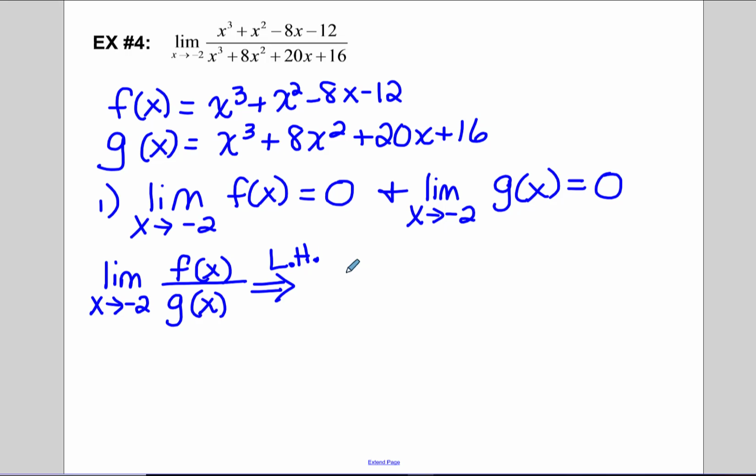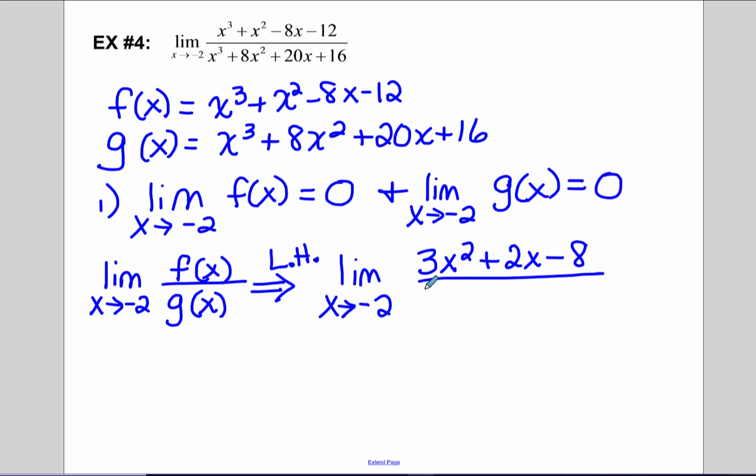L'Hopital's rule can be rewritten as the derivative: 3x squared plus 2x minus 8 divided by 3x squared plus 16x plus 20.